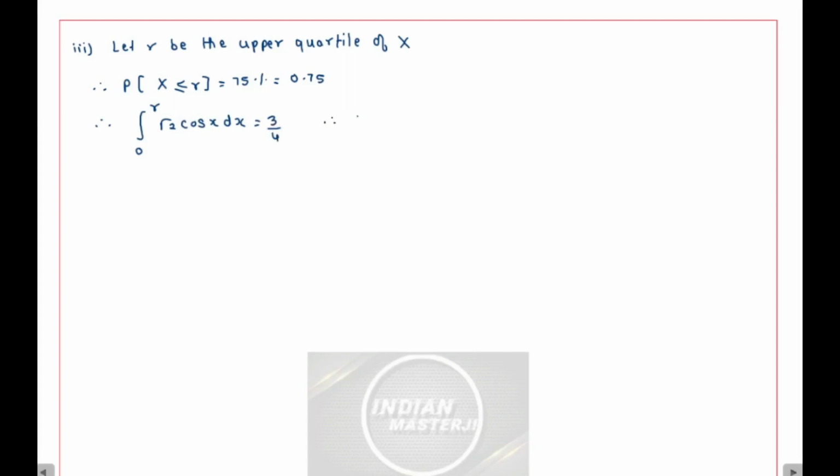Correct? So therefore what I'll get? I'll get this as root 2 into integration of cos x, which will be sin x, with 0 to R as the limits, and this will be equal to 3/4. So from here what do I get? I get this as root 2 into sin R minus sin 0, and this will be equal to 3/4.